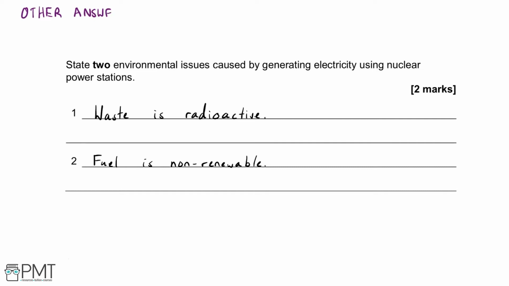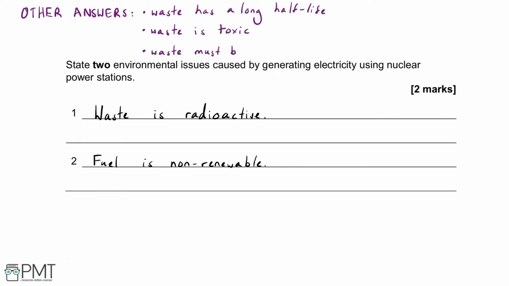However, other answers could include the waste has a long half-life, the waste is toxic, the waste must be buried, and there is a risk of catastrophic accidents. This one, you may have heard of the catastrophe at Chernobyl with the nuclear power station.